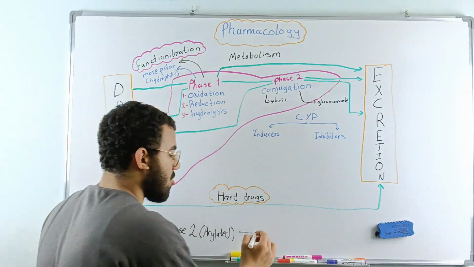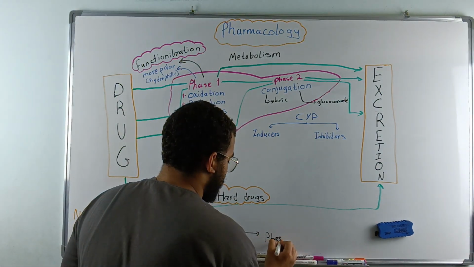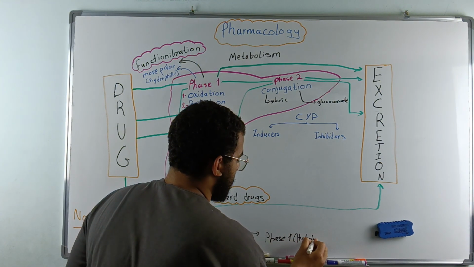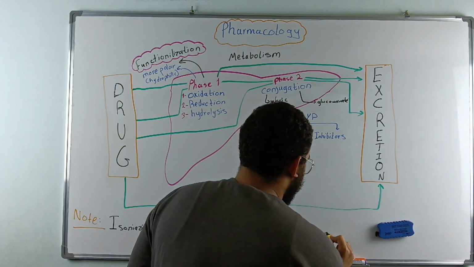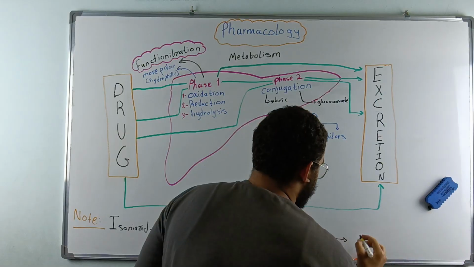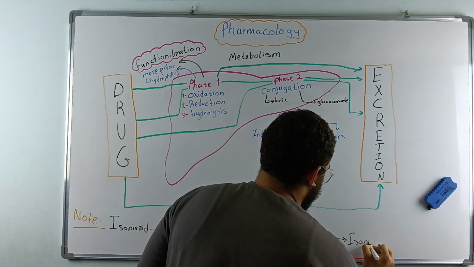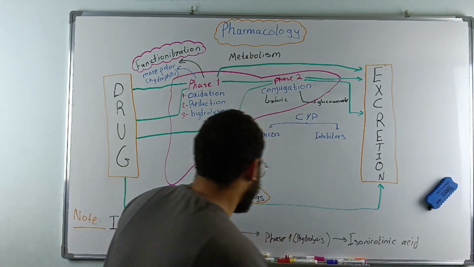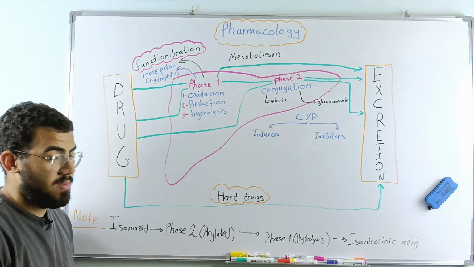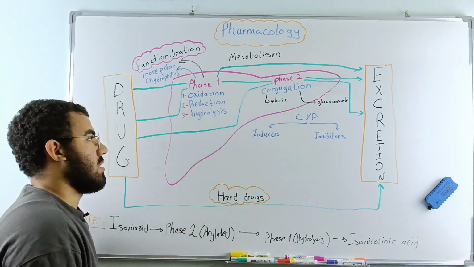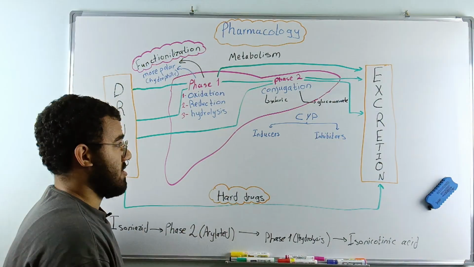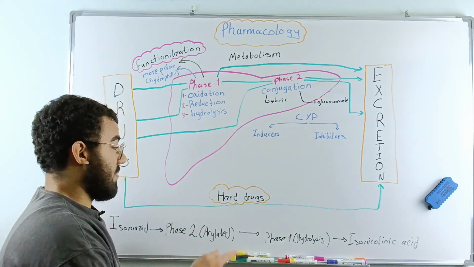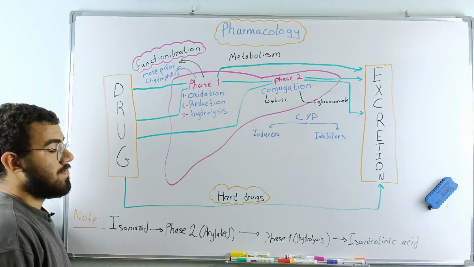Then after phase 2, it will go through a phase 1 reaction, which is hydrolysis, to be changed into a substance called isonicotinic acid. So this is an example of a drug that undergoes phase 2, then phase 1 metabolism. It doesn't have to be a specific order. So these are the variations regarding the order of the phase 1, phase 2 metabolism, and some drugs that do not undergo any kind of metabolism at all.